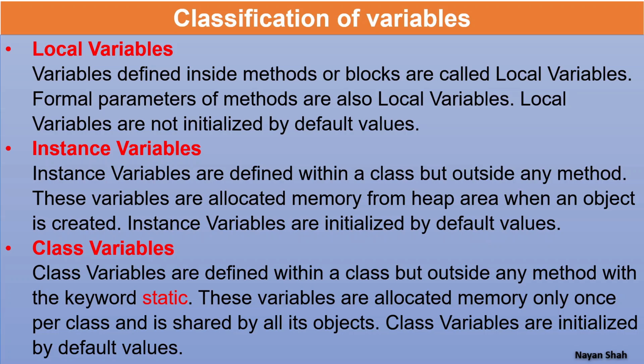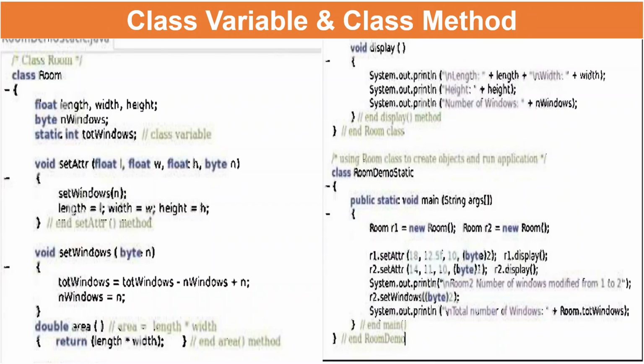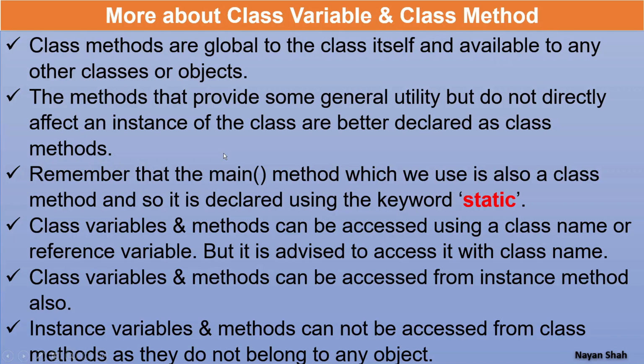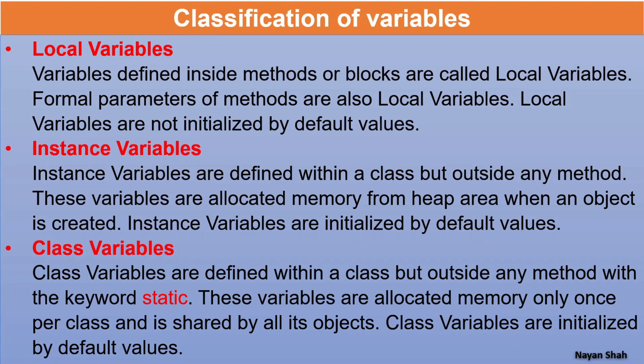It does not exist outside that block. For example, formal parameters of a method are also local variables. Local variables are not initialized with a default value automatically. So formal parameters of any method are called local variables.